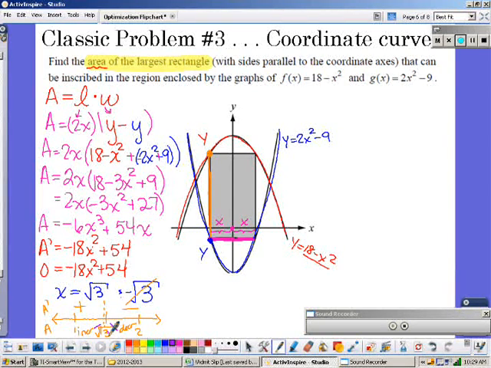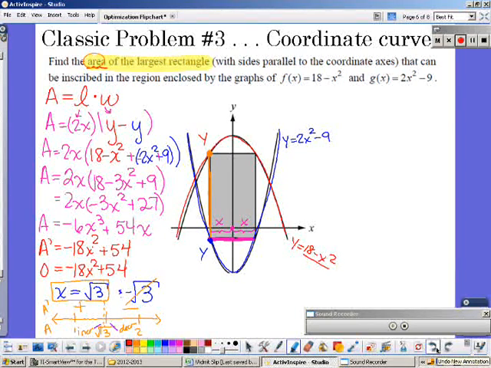Last but not least, we need to figure out what they actually wanted us to find. So let's go back to the problem. It says find the actual area, and what we have found is the x value, half the length of this side right here. So let's take this x value of root 3 and substitute it into our area formula up here. I'm going to use my simplified version.